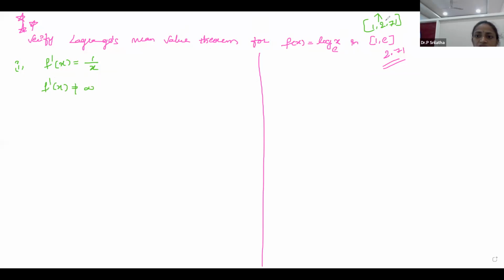If I substitute any value in between 1 and 2.71, you don't get infinity. So f'(x) exists in the open interval (1, e), where e is nothing but 2.71. Therefore f(x) is differentiable in the open interval (1, e).